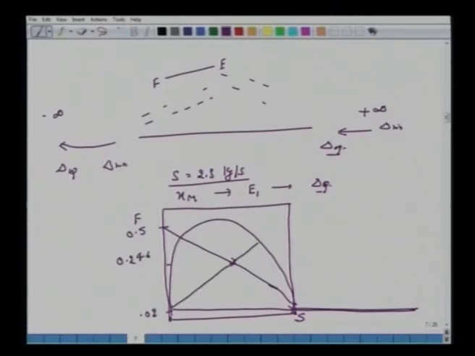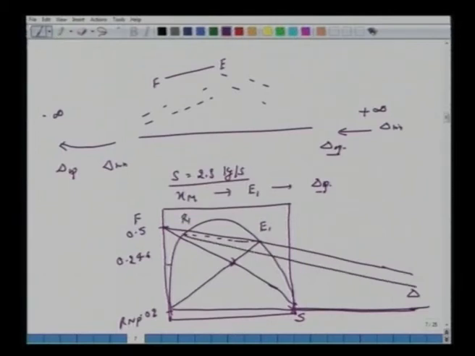Again you have E2. You find the tie lines, slightly they will start becoming flatter. R2, connect to this. You have E3. Okay, and at E3 you will see the tie lines have become exactly like this, and this will go below RNP.